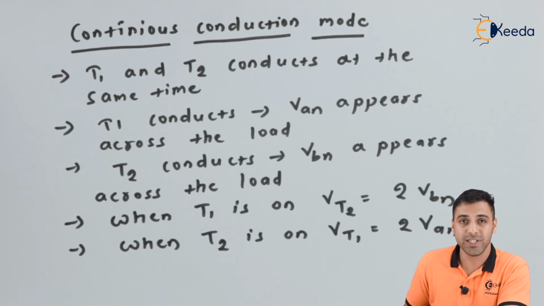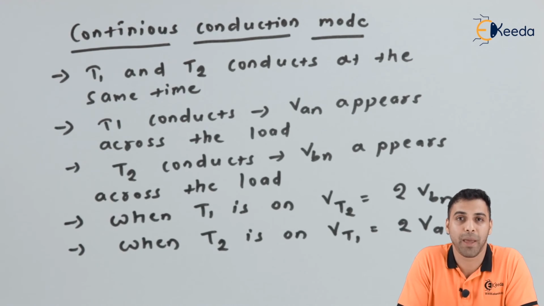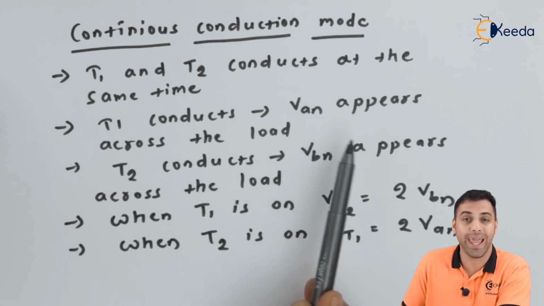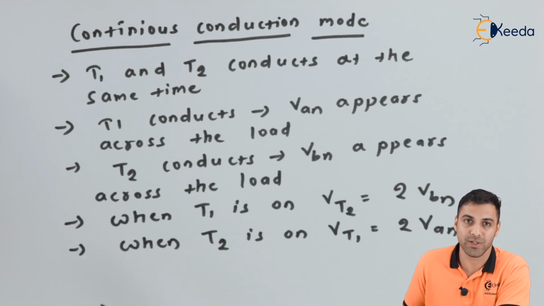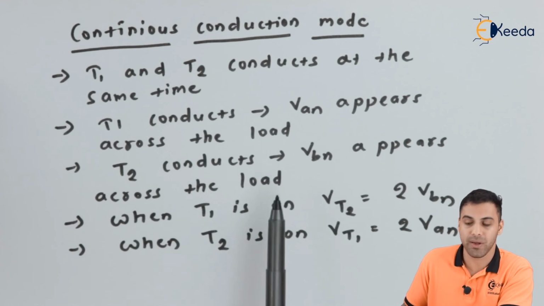Now friends, let's talk about some points which explain exactly what continuous conduction mode is. The first point is that T1 and T2 conduct at the same time. As I already mentioned earlier, none of the thyristors are off. Both are working parallelly at the same time. When T1 conducts, VAN appears, which you already saw. When T2 conducts, VBN appears across the load.